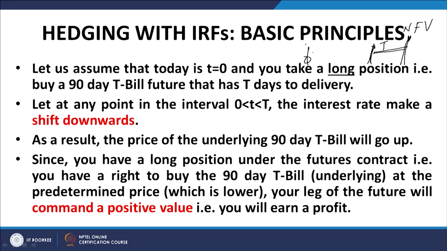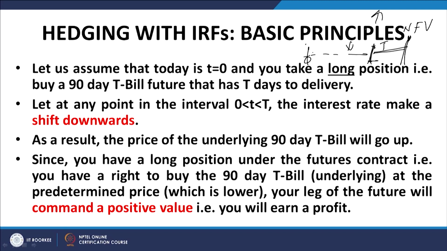Now, let us see what happens if during this period there is a downward shift in interest rates. If there is a downward shift in interest rates during this period 0 to T, how will it impact the price of the bill at this point? Remember, price and YTM are inversely related. So, if there is a downward shift in market interest rates, the price of the bill at this point is going to go up.